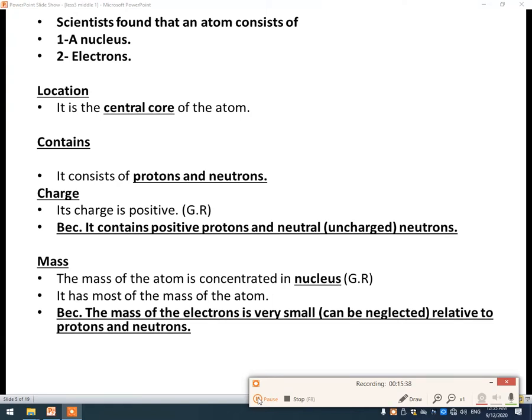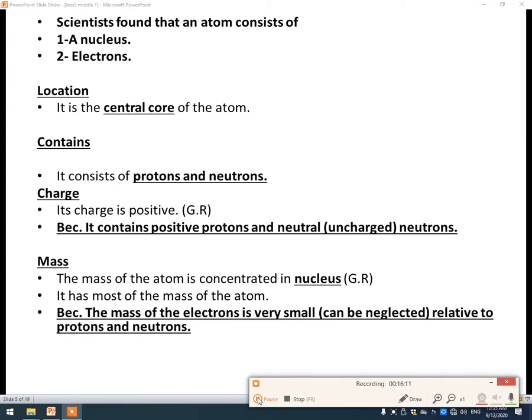So the question now, where is the place in the atom where the mass is concentrated very highly? For sure it will be the nucleus itself. The nucleus is the place where the mass is concentrated. Why? Because the mass of the electron is very small relative to the proton and the neutron. Or you can say because the mass of the electron is very small and the mass of protons and neutrons is very large.